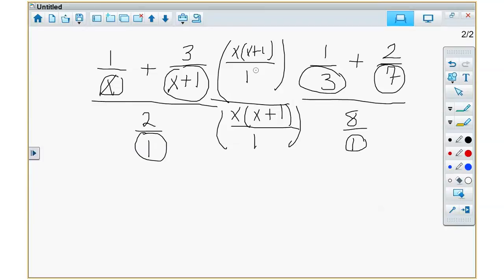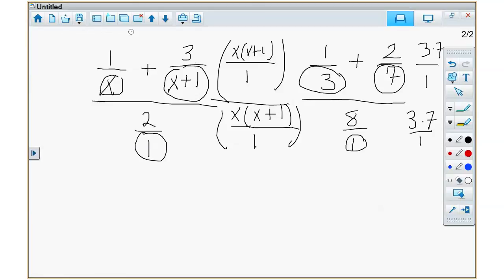So you could do it that way. And over here you would do 3 times 7 over 1 and 3 times 7 over 1. Of course, the 3 would cancel here and you'd be left with 7, and so on. The x would cancel with this x, you get x plus 1 right there. The x plus 1s cancel, you get 3x.